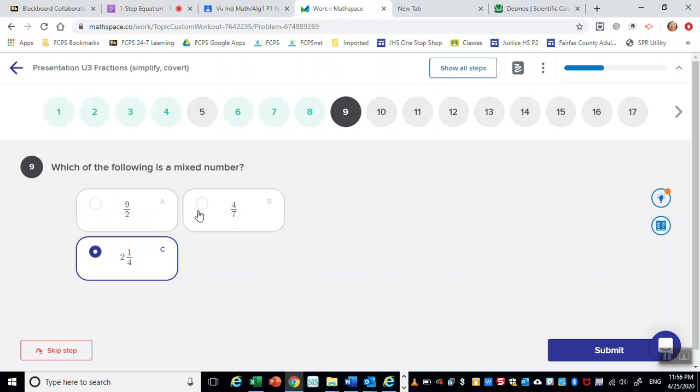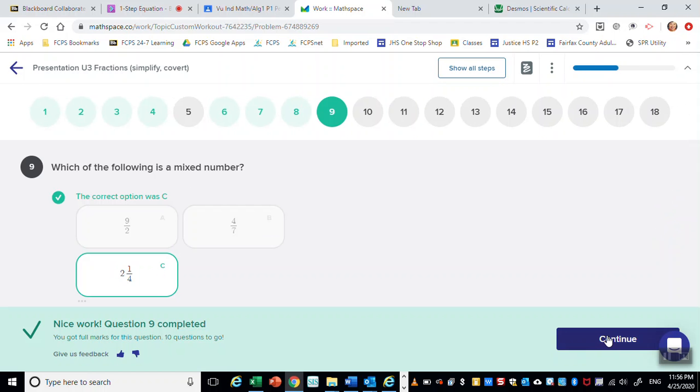This is not a mixed number because it is a fraction, and the numerator is less than the denominator. This is a proper fraction, but I don't want to confuse you, but you should know that this is a mixed number because it has the whole number together with the fraction. So the answer is C.